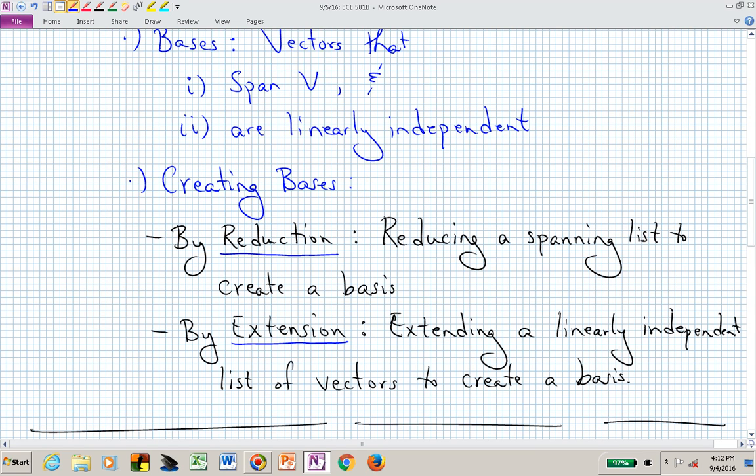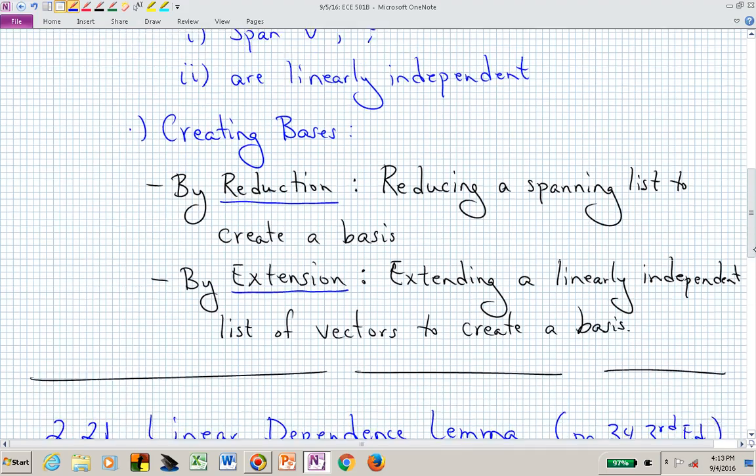Or we can grow a set of linearly independent vectors into a set that, in addition to being linearly independent, spans the vector space. And so by extension, we can extend a linearly independent list of vectors to create a basis. That's where we want to get to today.